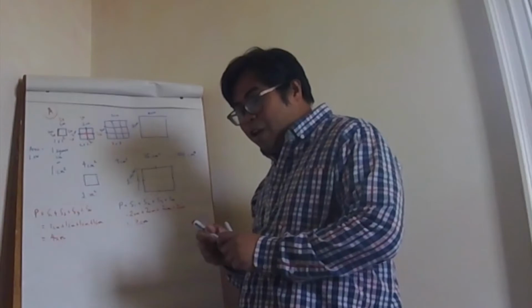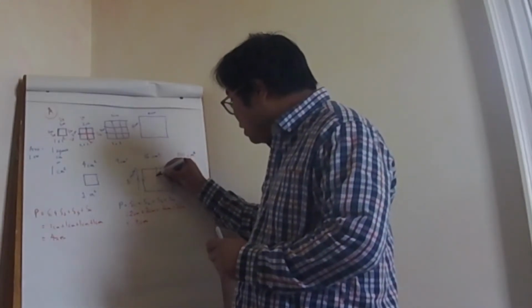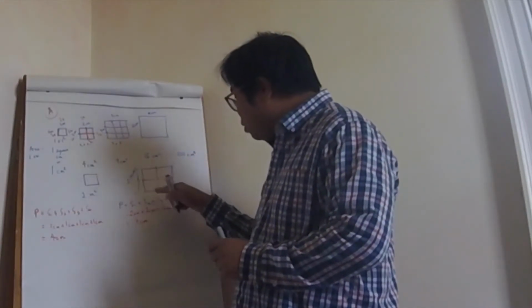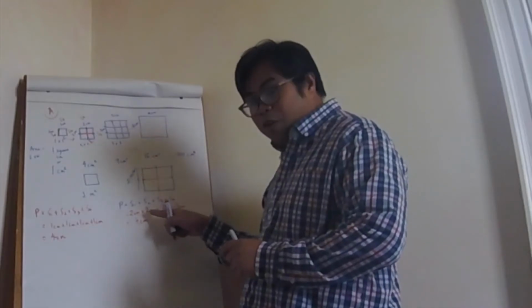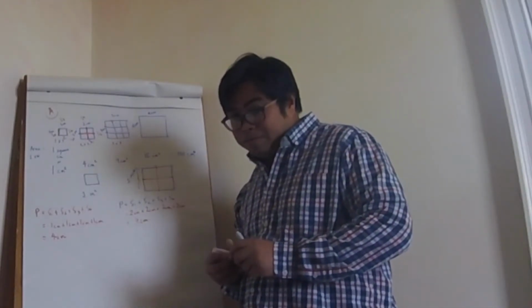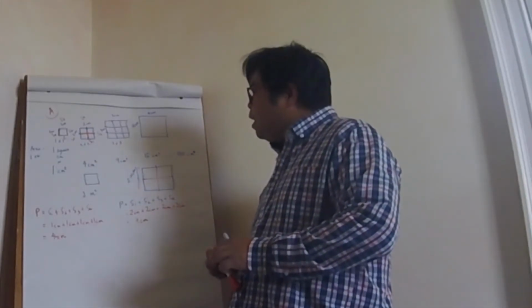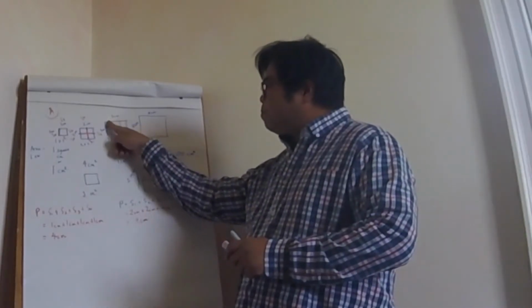When we talk about area, we talk about what's inside: 1, 2, 3, 4, 4 square inches. But when we talk about perimeter, we talk about the outside. Very important.